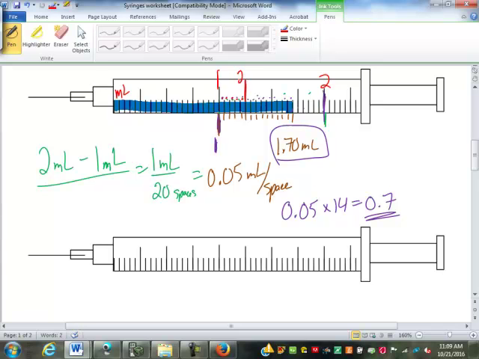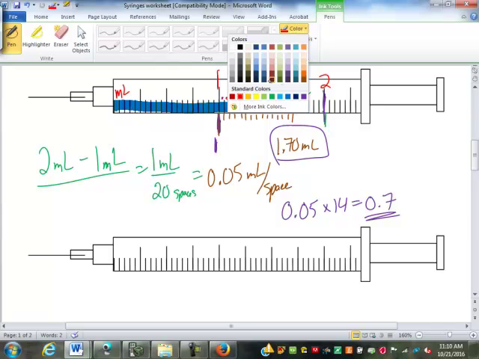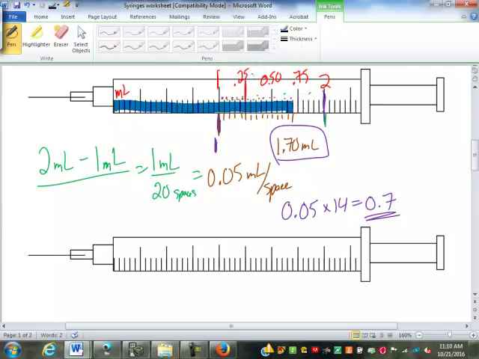This is 25, 0.25. So count up by 25. This would be 0.50. This would be 0.75. And work between the 0.50 and the 0.75, either counting up from the 50 or down from the 75. So the trick is, the hard part is finding out what each division is. Once you know what each division is, then working in between them is relatively simple.